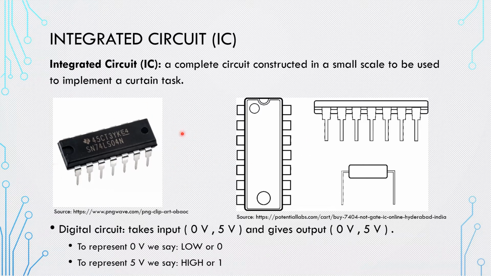You can see that it has multiple pins, not like the resistor, which has two wires. Here we have multiple pins depending on the circuit used. In our experiment today, it has 14 pins, 7 on the left and 7 on the right, and you need to know the direction of the IC in order to know how to connect it.